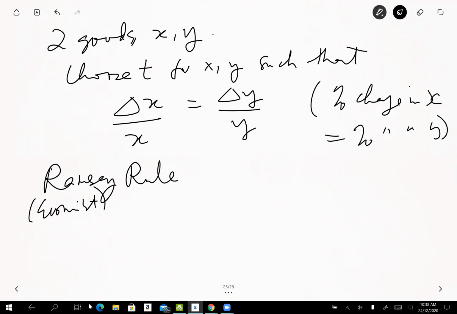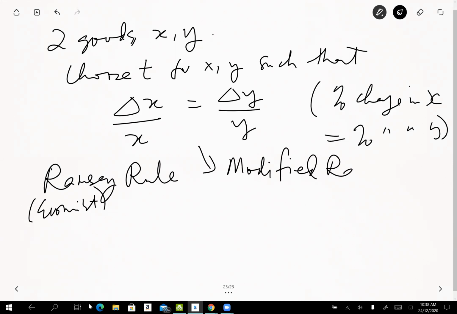Now this Ramsey rule as it is, it doesn't make that much sense. So what we do, we'll modify this a little bit. We call it the modified Ramsey rule. So from there, you get the modified Ramsey rule.